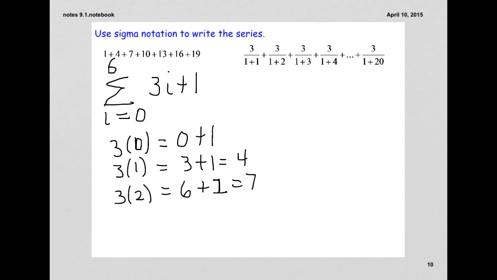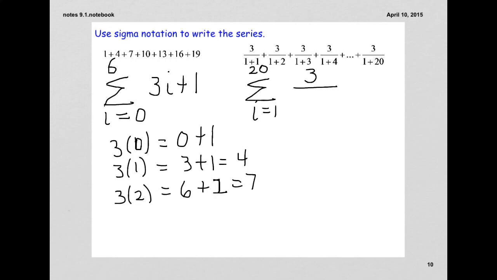Okay, let's look at the next one. We have a summation, and we're going all the way out to, if we see we're plussing 1, 2, 3, 4, all the way out to 20. So that means my i is going from 1 to 20. And let's see. The numerator does not change, so my numerator has to be 3.